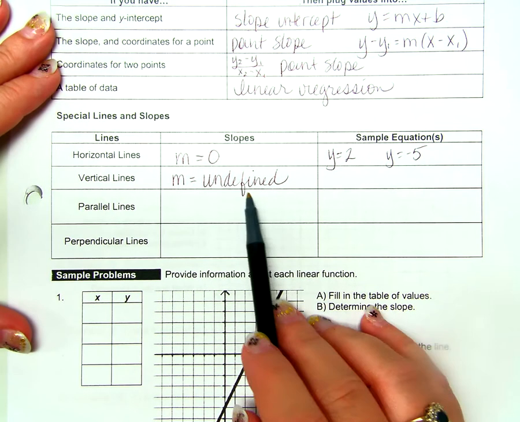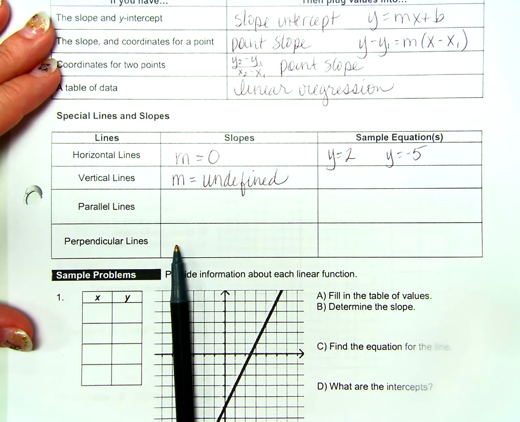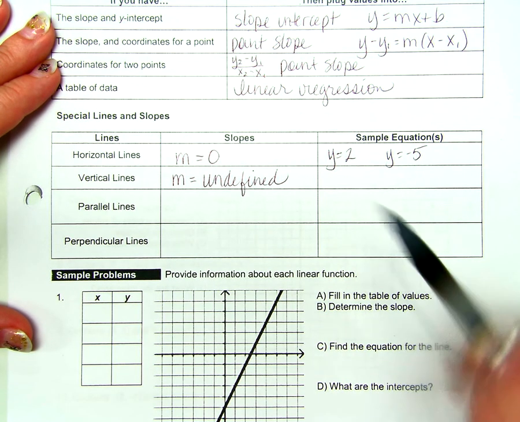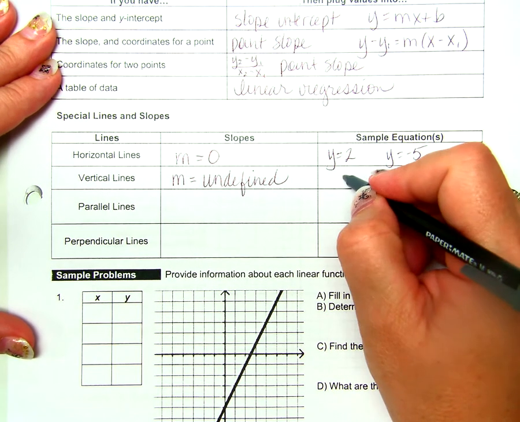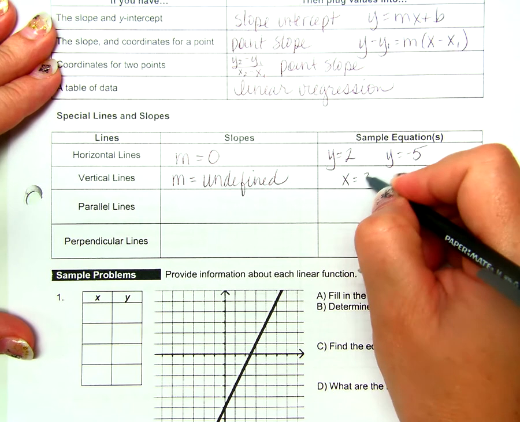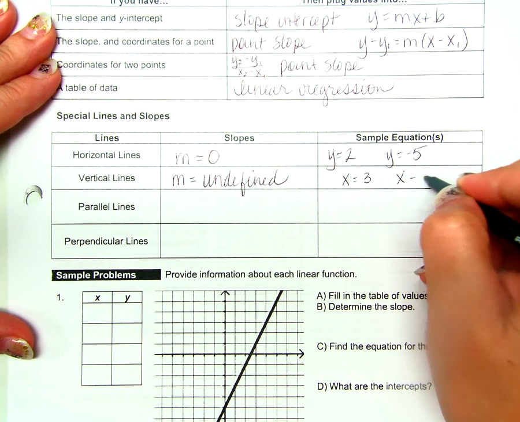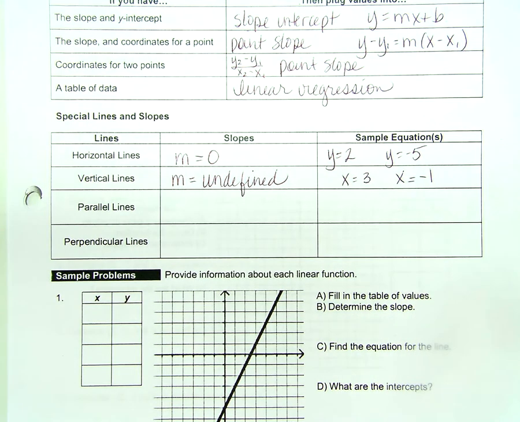So what axis is a vertical line crossing? X-axis? So what are my equations going to look like? X equals 3, x equals -1. Vertical lines and horizontal lines are only one variable lines. Okay? Does that make sense?